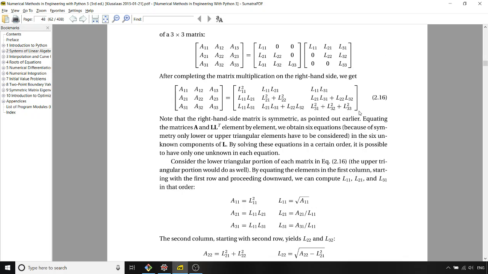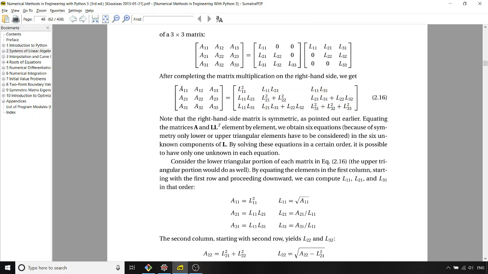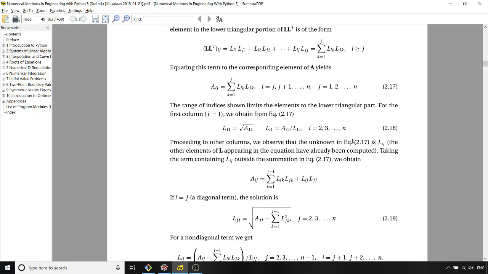And how to solve them is we just multiply these two, and from comparing these two matrices we can find the values. So the general logic is written here.